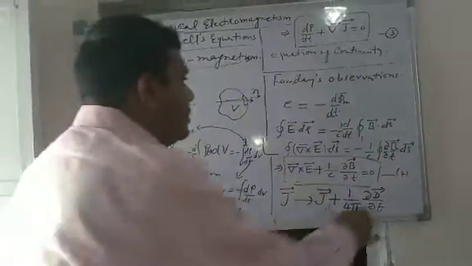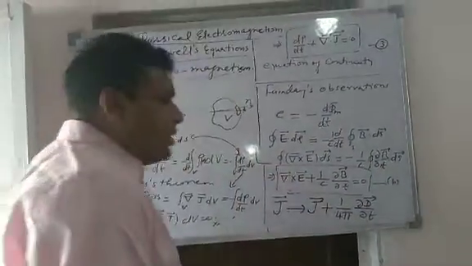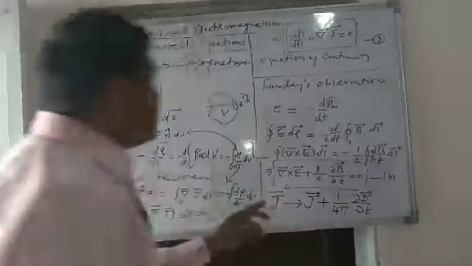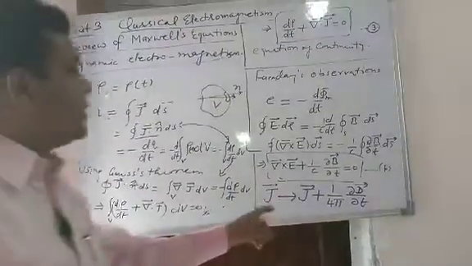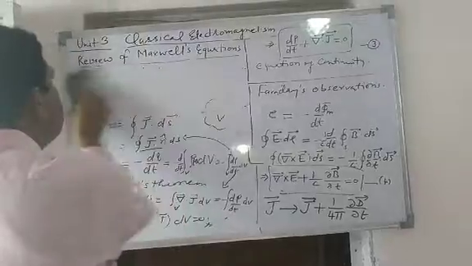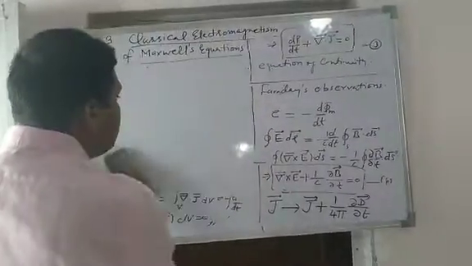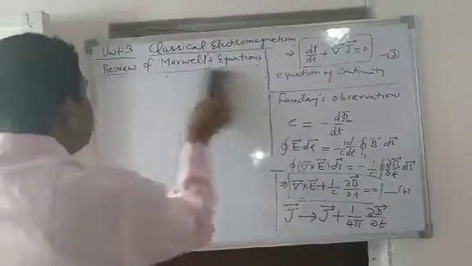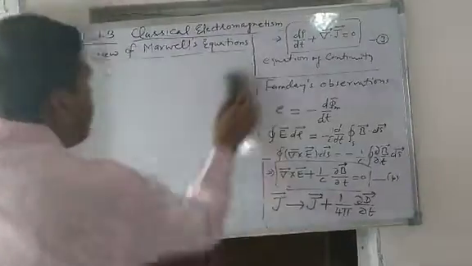Here D, as we already know, is our displacement vector. With these modifications, we need to rewrite our Maxwell's equations, and we can again check that we indeed get the equation of continuity right for dynamic electromagnetism. Let me do it one by one.